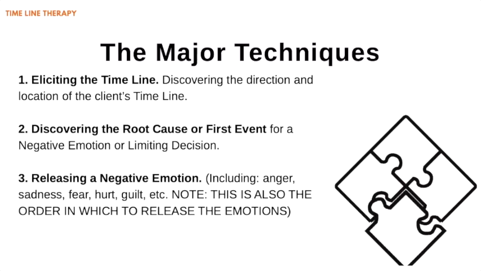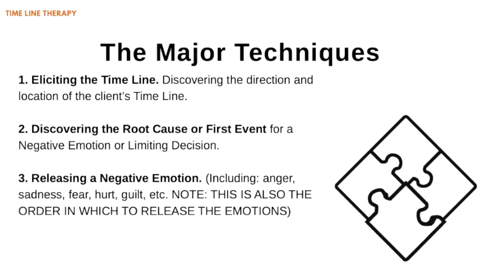The 6 major techniques can be found on page number 5. Page number 5 is going to look like this. Now, these are the 6 major techniques, and you can follow along on page number 5. Number 1, eliciting the timeline.